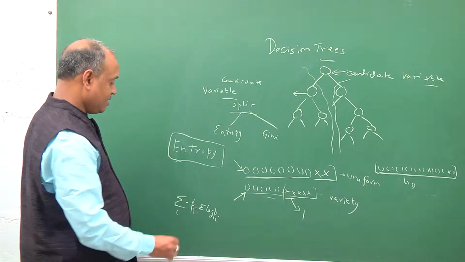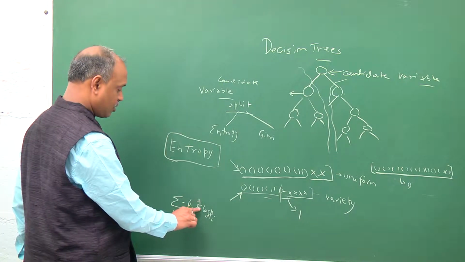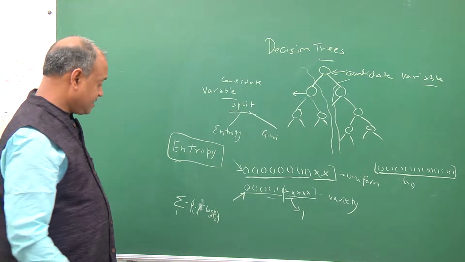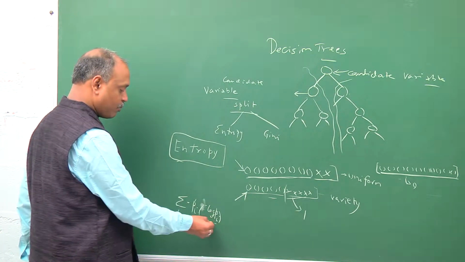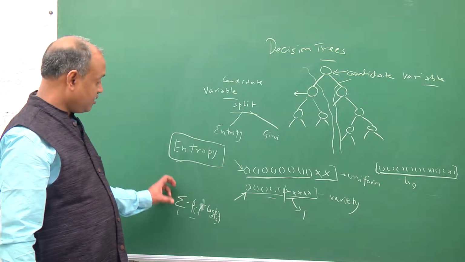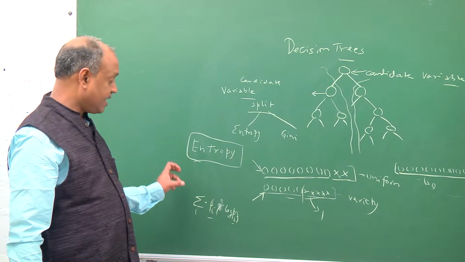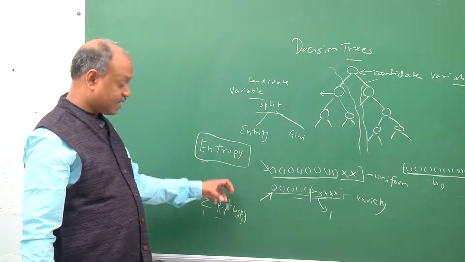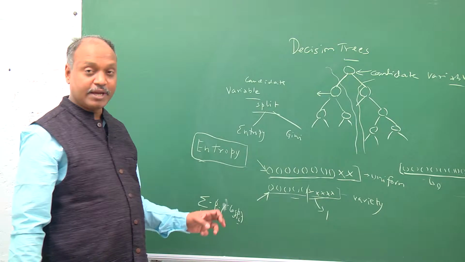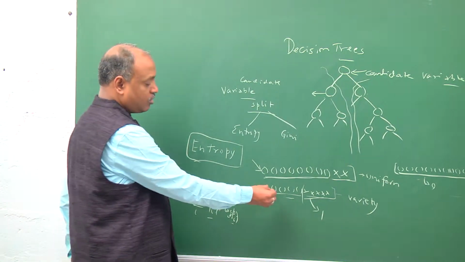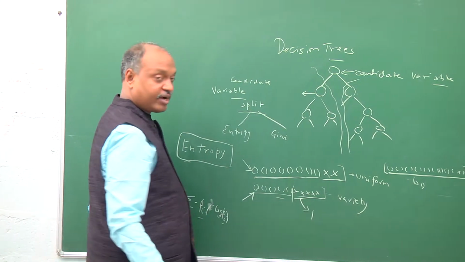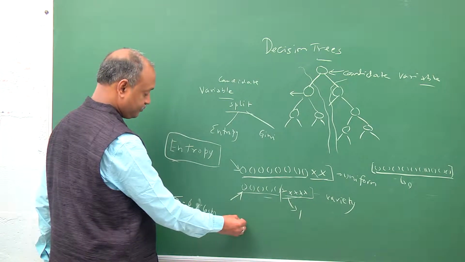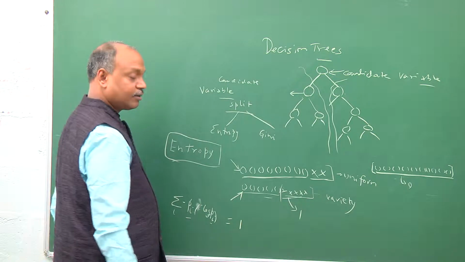sigma of pi log pi. What this does is capture the probability of each sample part or variety. If there are two, you have the probability of the first sample and the probability of the second sample, and take the sigma of pi log pi. Suppose both are 0.5 and 0.5, equally divided, this translates into 1.